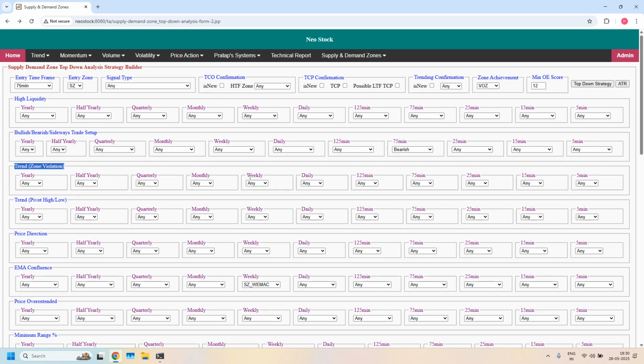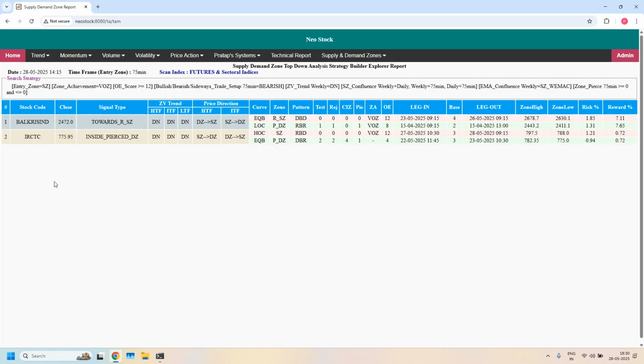At the same time, we are checking the weekly trend, it should be downtrend because it is a bearish trade setup. So two stocks are filtered. So these two 75 minute supply zones might have an even higher probability of success. So this is a bearish trade setup for weekly income trade.